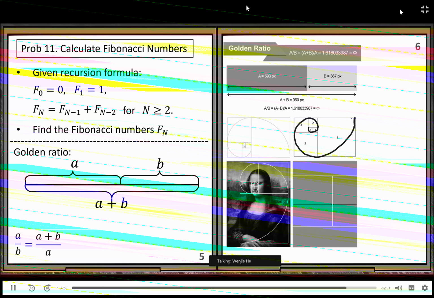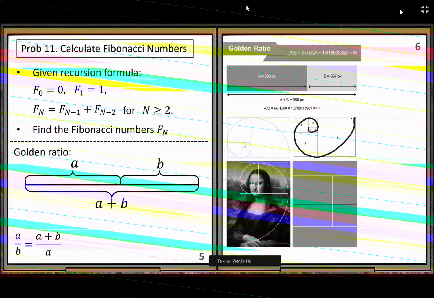Sorry, A is longer, B shorter. So the numerator should be larger, A plus B, and the denominator smaller, we just use the length of the longer line. Then you can find a ratio that satisfies this condition, and that ratio is very special. So that's the story made to define the special number.